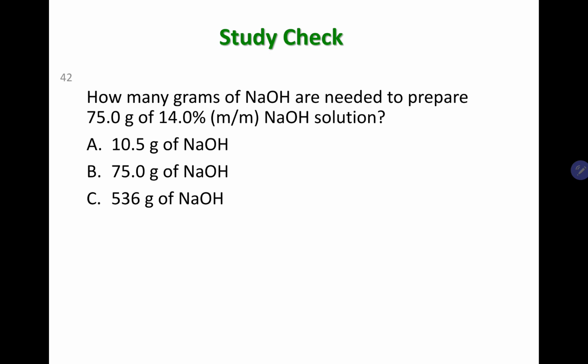I'm not going to spend too much time on these calculations. They are very straightforward. You only have to figure out the amount, let's call it X grams, of sodium hydroxide you need to make 75.0 grams of solution, and then you multiply it by 100%. And what you have is 14%.